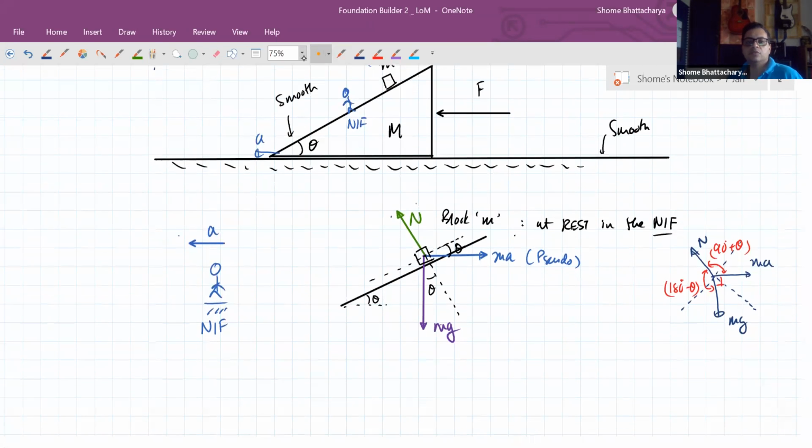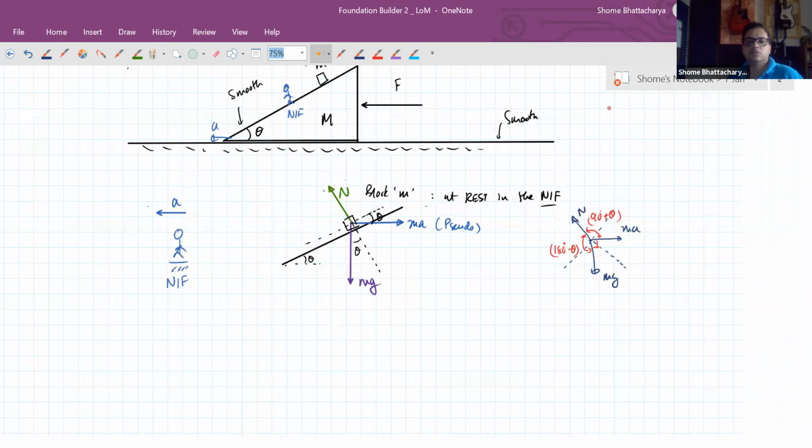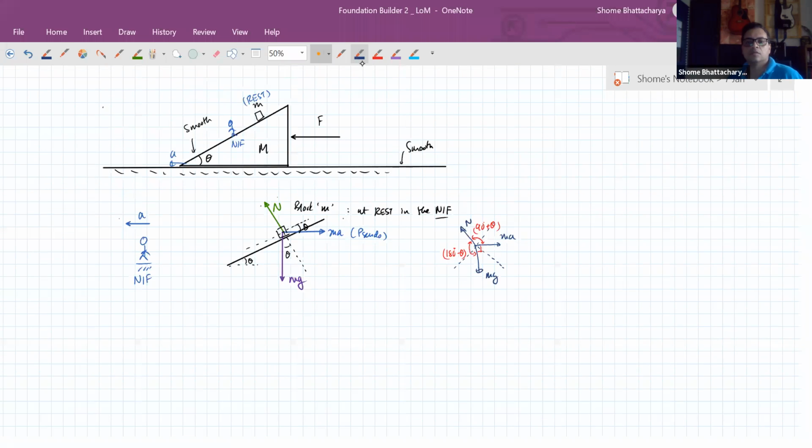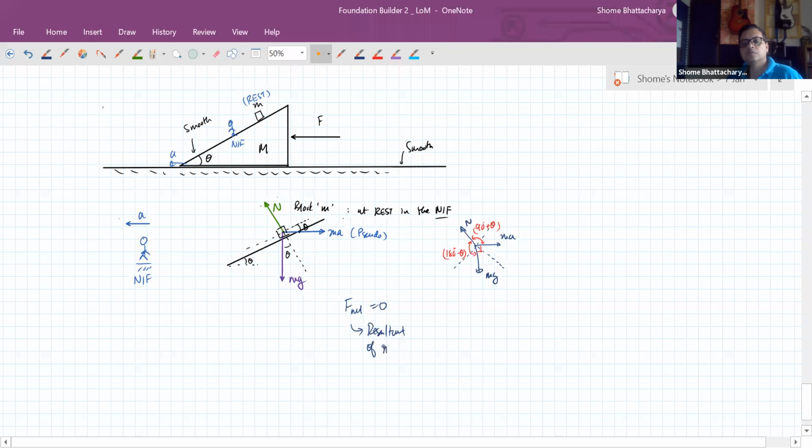So the condition for the vector sum of the three forces to be zero, you want the net force to be 0. So this is the resultant of these three forces.